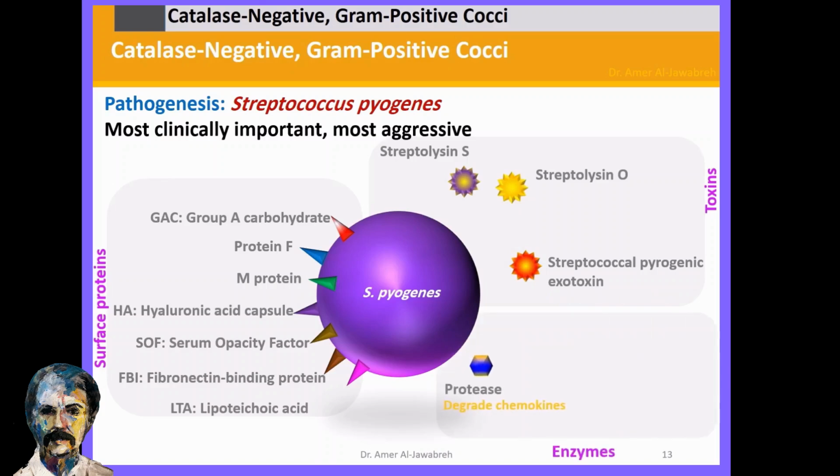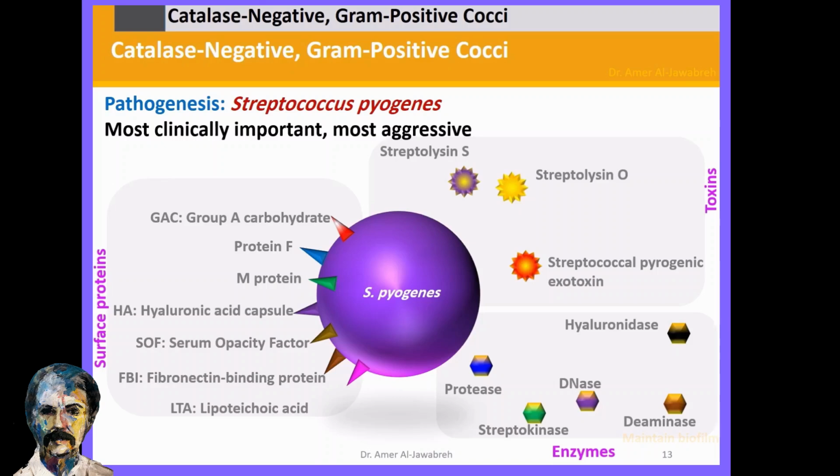Enzymes: protease, degrading chemokines. Hyaluronidase, digesting tissue. Streptokinase, lysing fibrin. As I said, we made use of this as humans, as treatment for MI patients sometimes. DNase, destroying DNA. Deaminase, maintaining the biofilm of the bacteria.